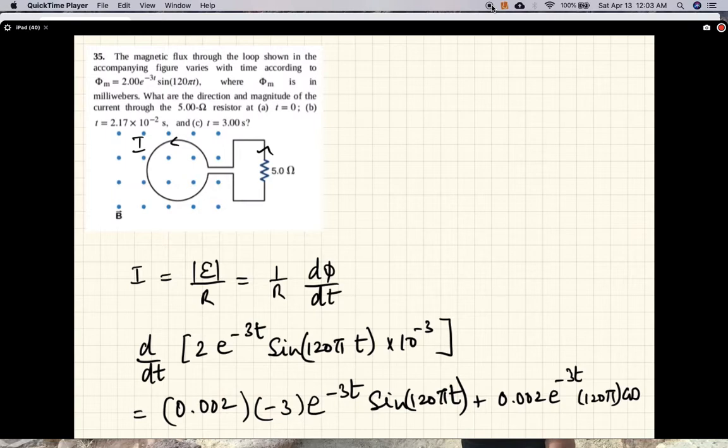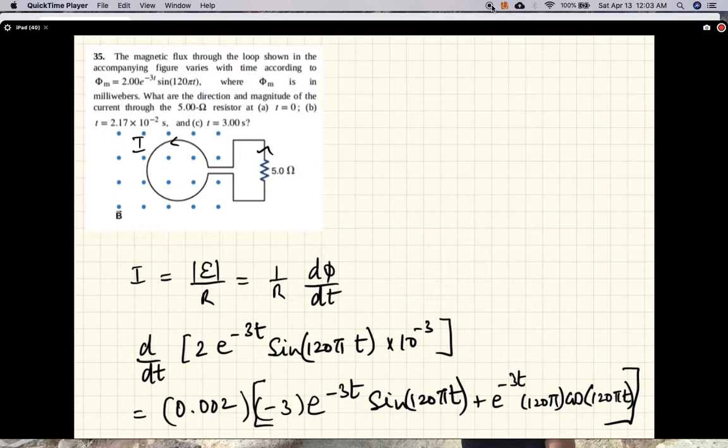I'm running out of space, so we'll make this common and gain some space here.